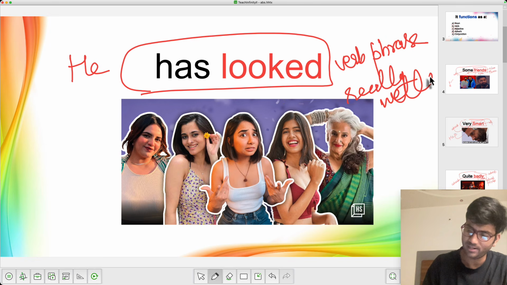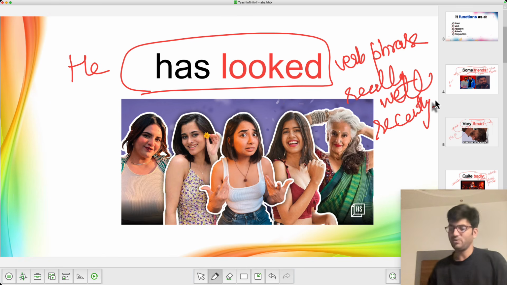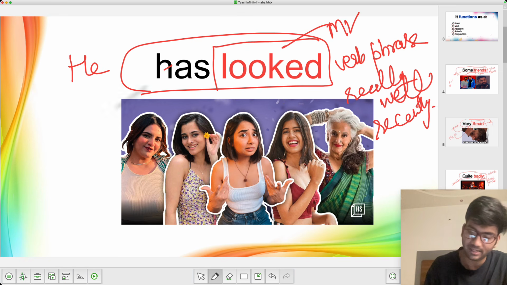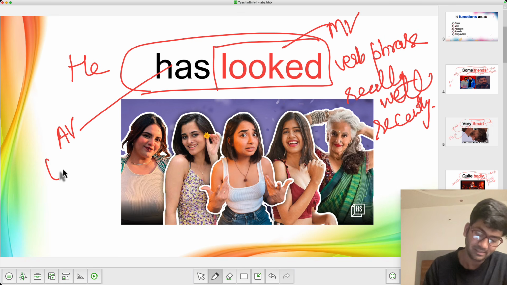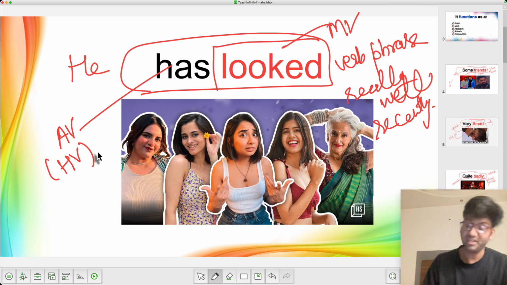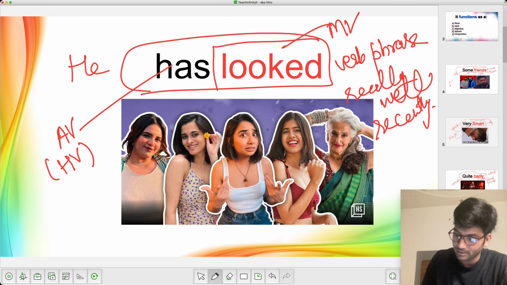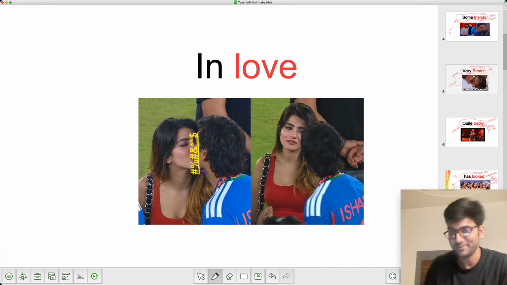Like these ladies are looking really well, pretty, smart, confident. So has looked is a verb phrase where looked is the main verb, and has is the auxiliary verb that we often call the helping verb in India or Asia.